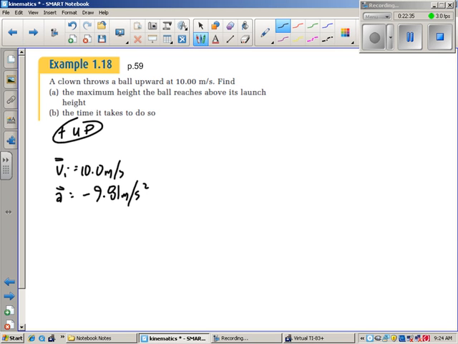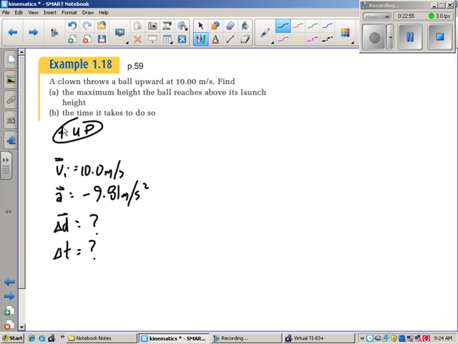The maximum height that the ball reaches above its launch height, what's that? What are we really looking for there? We're looking for the displacement, and we're looking for the time as well. Is there anything else that we have if we read between the lines here? Yes.